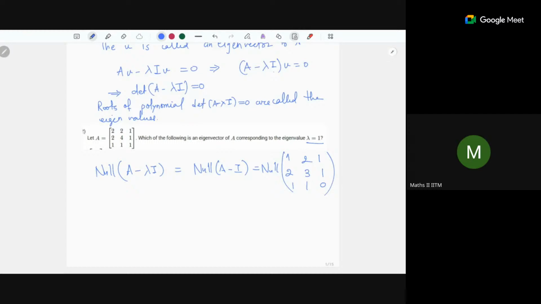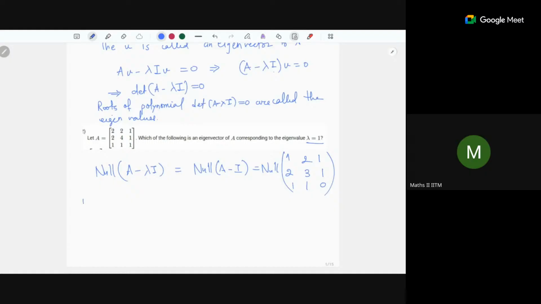Now, in order to find the basis of the null space, we need to convert the matrix to reduced row echelon form, find the number of independent variables, and express the dependent variables in terms of the independent variables. So let's do that. Let me first start with R1, which is 1, 2, 1.